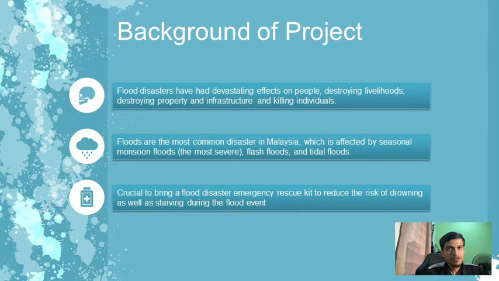The lifesaver would have several types of designs, which are waist type and chest type. The lifesaver itself will be the main flotation device that can float the kit and the user and inflate using a trigger switch. We came up with this idea because most of the existing flood disaster emergency rescue kits do not come with a lifesaver.